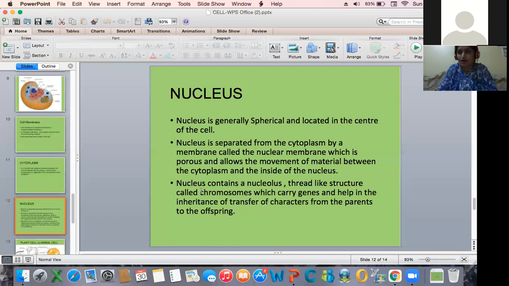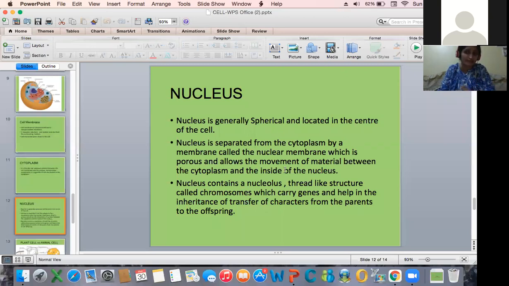Inside the nucleus, which is the central part I told you about, it also comprises three parts like the cell. It has the nuclear membrane and the nucleoplasm, like there is a cytoplasm in the cell. This detailed structure of the nucleus you will study in your higher standards, but for your information I am telling you what it comprises. The nucleus contains a nuclear membrane, and inside it there is a nucleoplasm, a jelly-like substance like the cytoplasm in the cell.